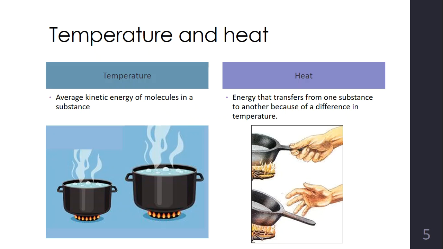I'm going to rapidly transfer heat, I'm going to rapidly transfer energy, from one substance to another, from the pan to your hand, right? So heat is that energy that's being transferred from one substance to another.